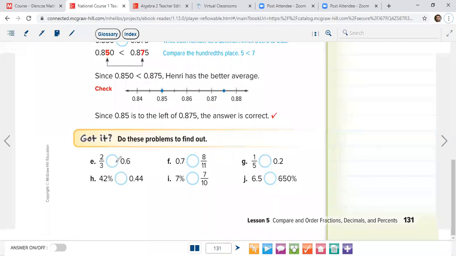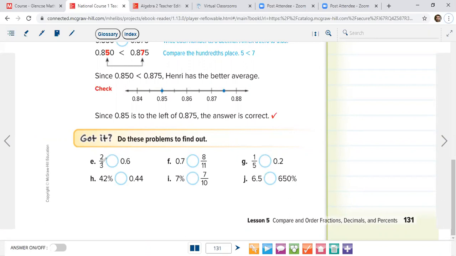Now, for these problems, as you can see, we have a fraction and a decimal. We have a decimal and a percent. We have a percent and a fraction. So how can we solve this type of question? The two numbers must be the same form.